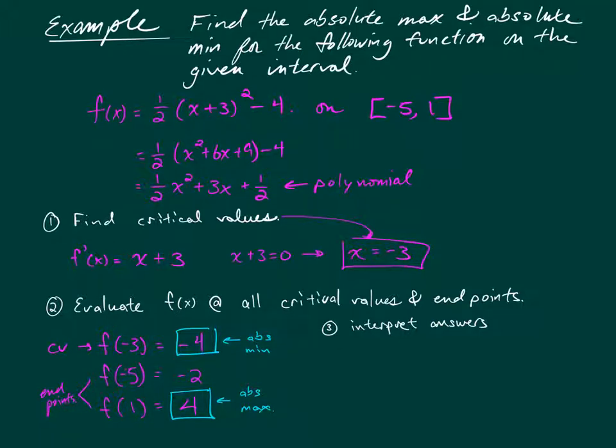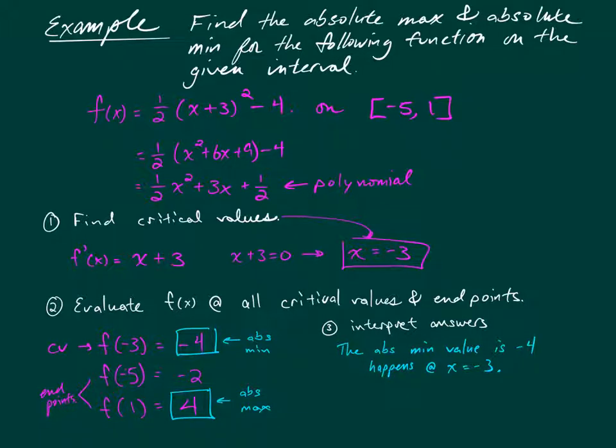We can say the absolute minimum value is -4. That is the actual minimum value. And that happens at x equals -3. So -3 is where the absolute minimum value happens.